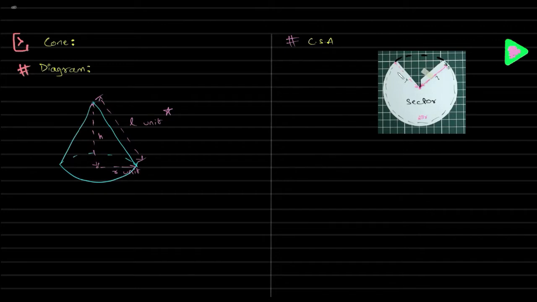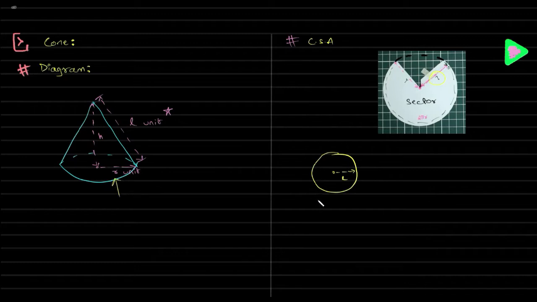So how do you find the area of this shape, the curved surface area of this cone? How will we find it? First thing that we need to notice, the circle that we are talking about is of radius L, not R. Can you see this? This is of radius L. R is to do with the base of the cone.